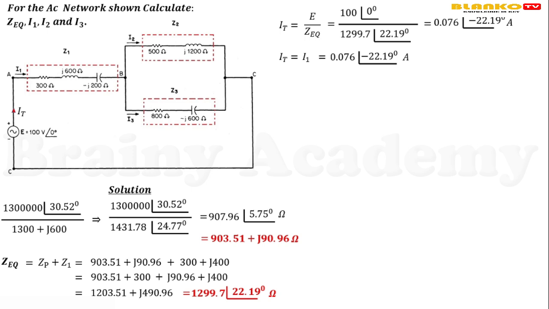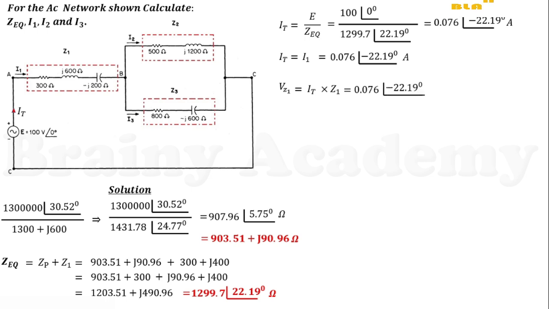Before we solve for I2 and then I3, let's first find the voltage across Z1. That is VZ1, which is equal to IT or I1 times Z1.